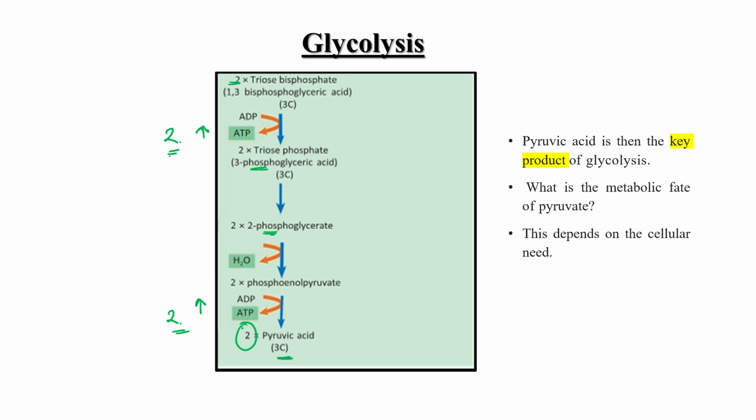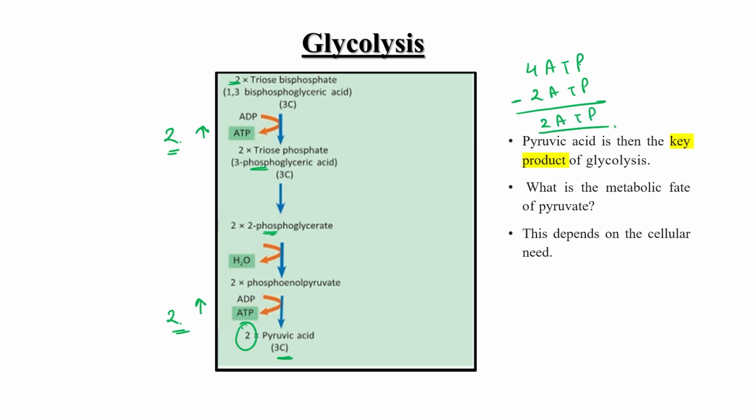Means in the initial phase we have utilized 2 ATP, and in the last steps we have generated 4 ATP, right, and 1 NADH. So here we can say 4 ATP generated while we have utilized 2 ATP. So total gain is 2 ATP.